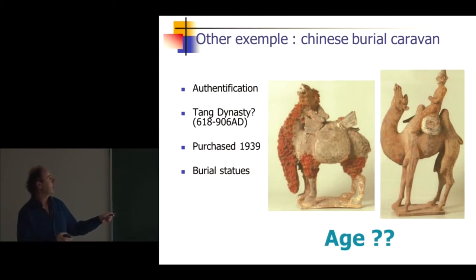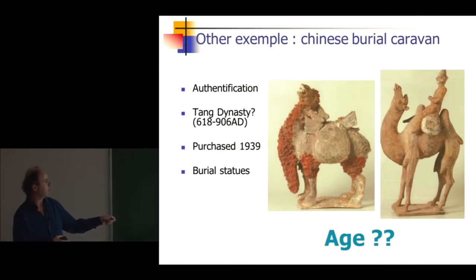So this is between 600 and 900 after Christ. In France we say 0 is before Christ and after Christ. I don't know how you call that here in Japan. So this Tang dynasty is about 600 to 900 after Christ.